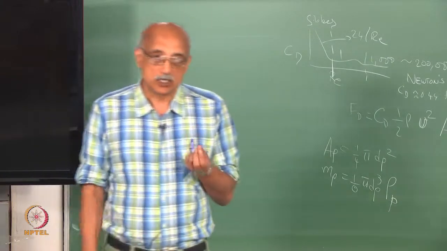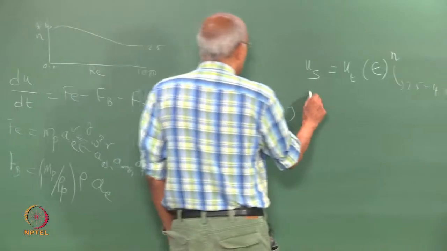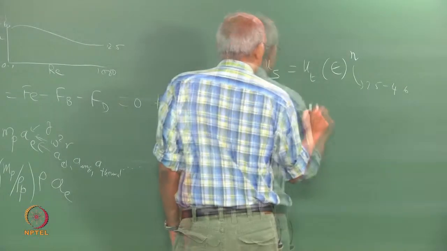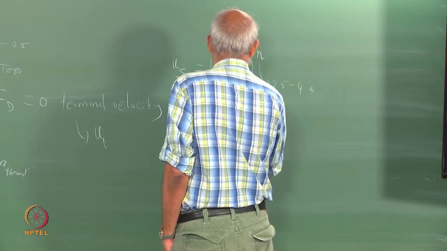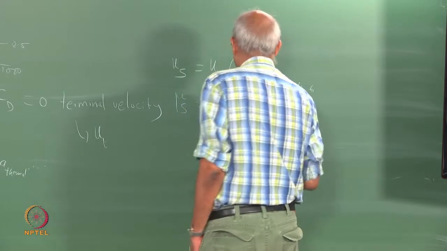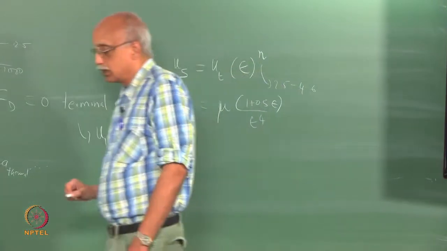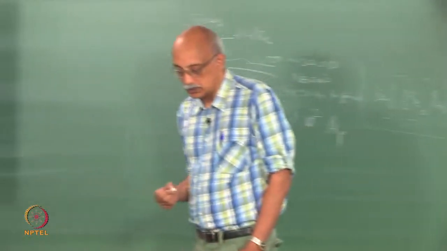Okay. The other parameter that is of interest is, in any suspension where you have hindered settling happening, the viscosity of the suspension is also affected by this process, and in fact the expression for mu s compared to mu is given by 1 plus 0.5 epsilon divided by epsilon to the power 4, again epsilon being the void fraction.